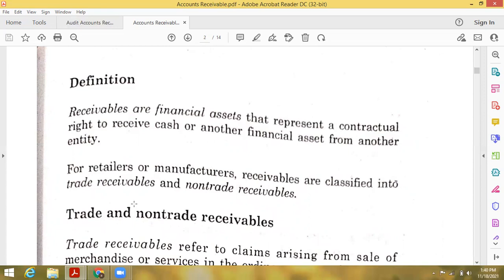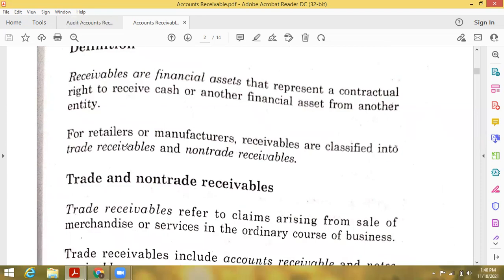So, inutang nila yung paninda mo. Yung pag-utang nila ng paninda mo na yun is classified as accounts receivable. And according to our book, there are two types of classification of receivables for the retailers and manufacturers. These are trade receivables and non-trade receivables.